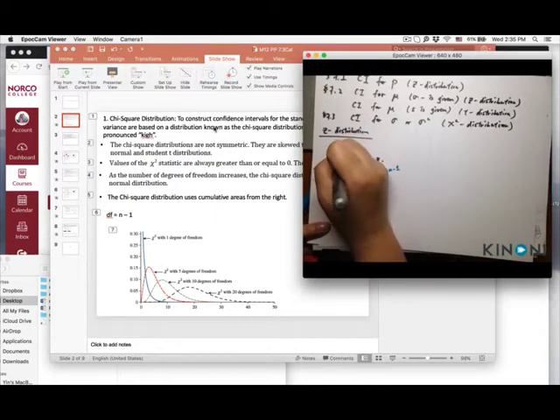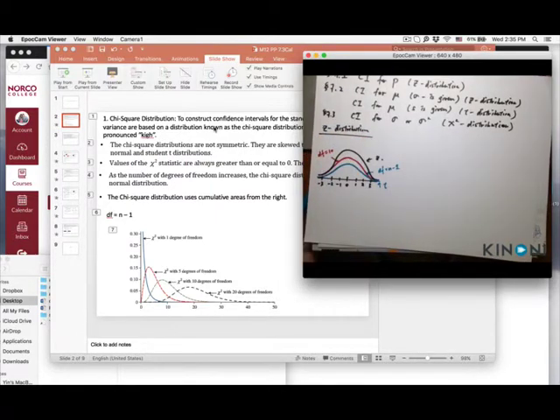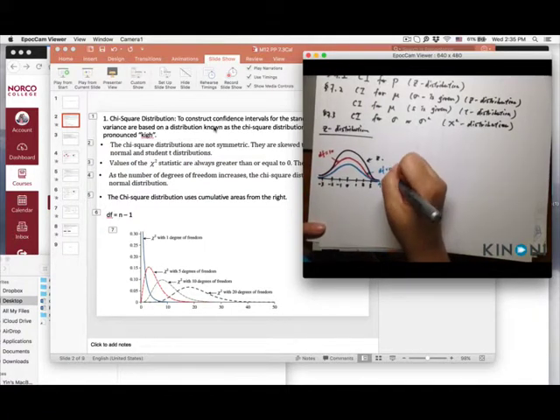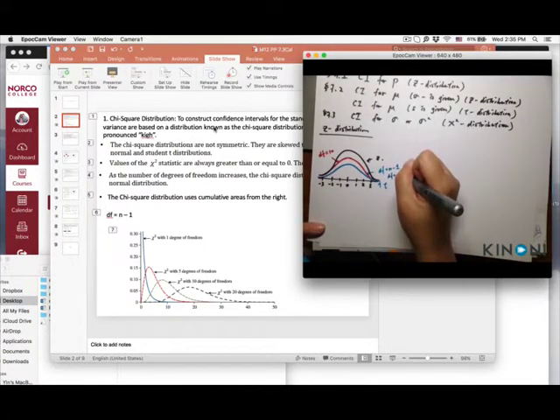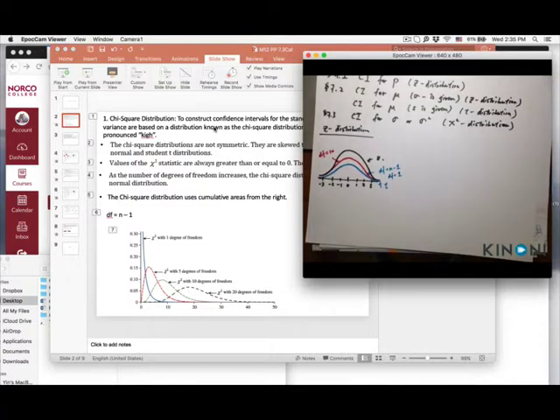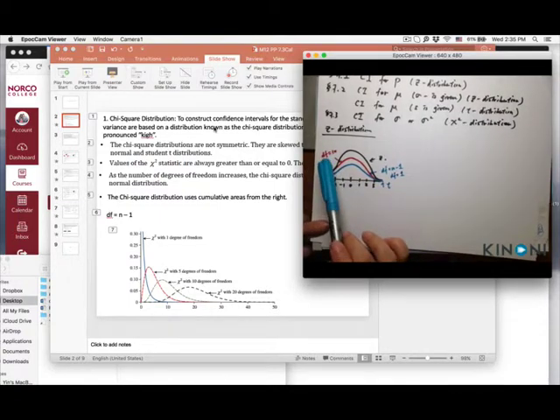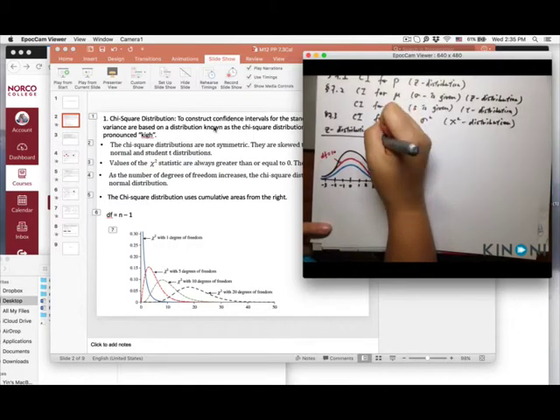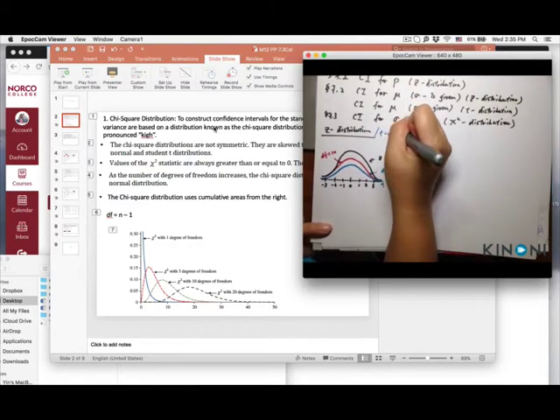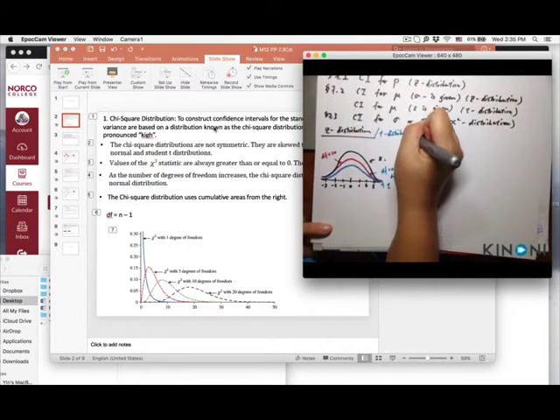The red one is, for example, a degree of freedom equal to 10. The blue one here, I would say the degree of freedom may be equal to 1. So if you increase the degree of freedom, the T distribution will approximate the Z distribution.